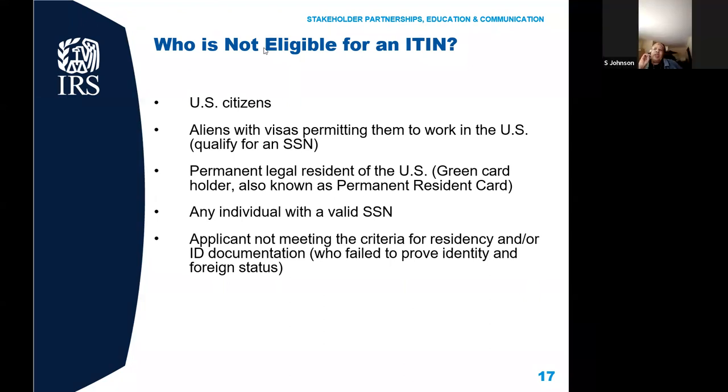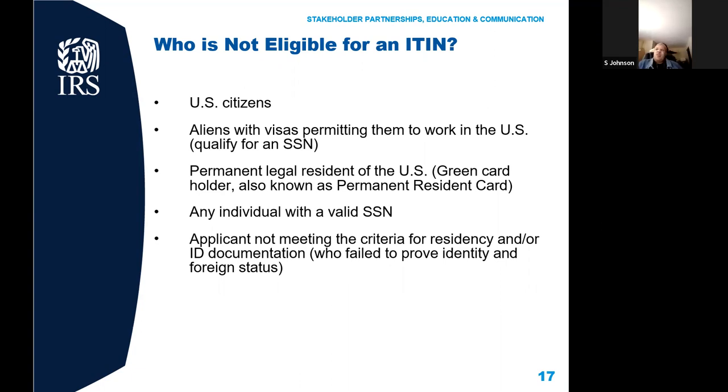Work in the US because for a social security number, permanent legal residents of the United States. They used to call this a green card. It is not green anymore. It varies from beige to pink. They constantly change it. But it's called a permanent resident card.